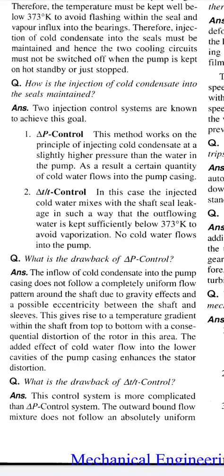As a result, a certain quantity of cold water flows into the pump casing. Delta temperature control: in this case, the injected cold water mixes with the shaft seal leakage in such a way that the outflowing water is kept sufficiently below 373 Kelvin to avoid vaporization. No cold water flows into the pump.